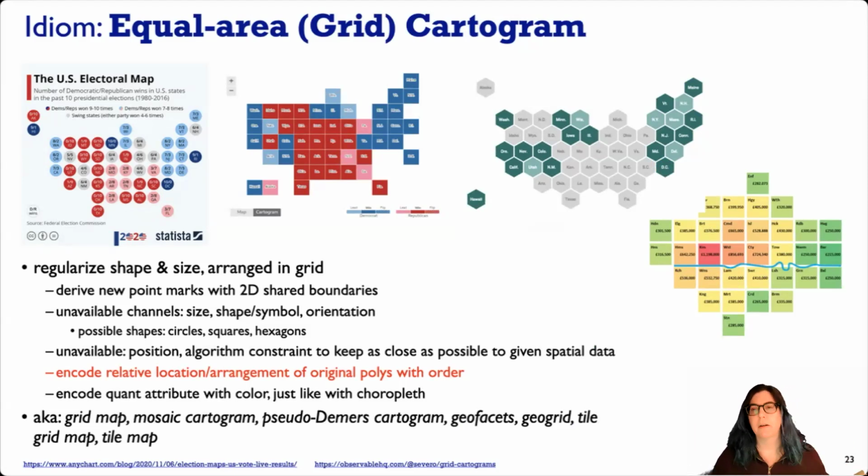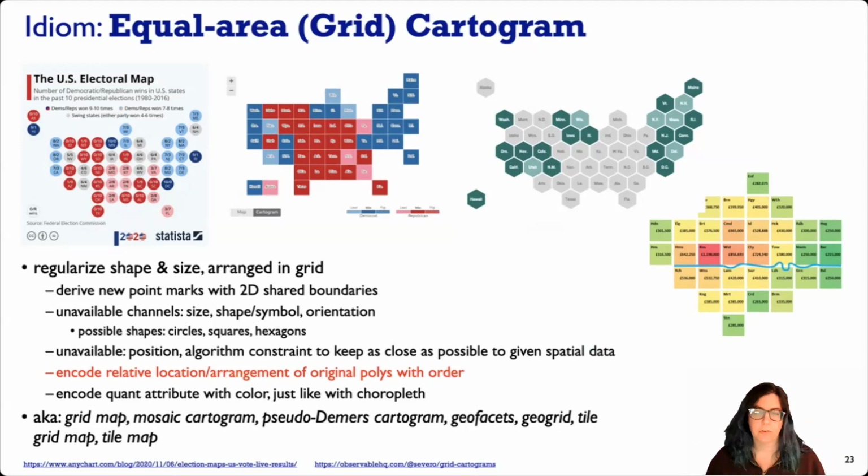Now, these have a lot of different names. Sometimes they're called grid maps or mosaic cartograms, a pseudodemos cartogram or geofacet or geogrid or tile grid map or tile map. But once you know what this form is, you're going to start to see them actually quite a lot, particularly for election results. These are often very popular for that. So here on the upper left, we have circles.